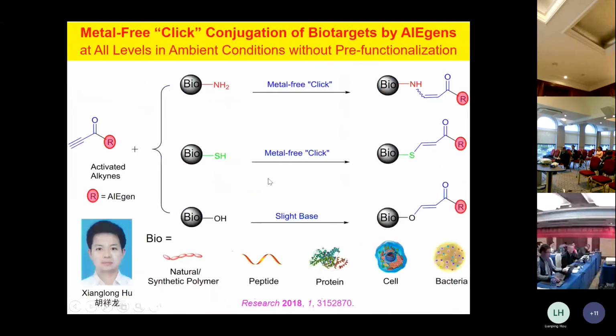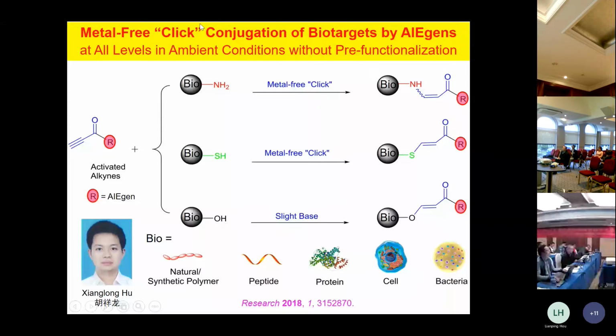And sometimes some people will ask me, can we easily attach AIE genes to the object we want to monitor? Yes, we can do that. You can see in the bioconjugation area, there's a so-called click technique.